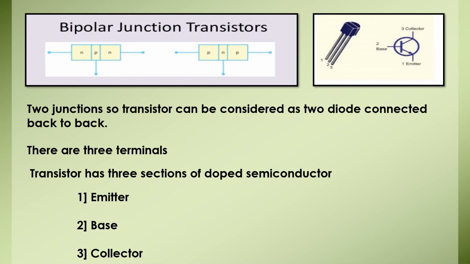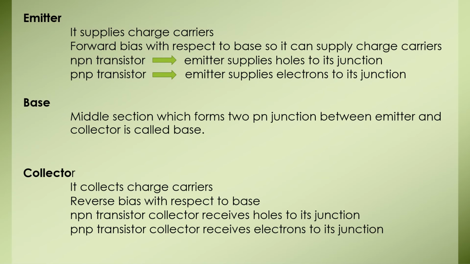Now this transistor has three terminals. We already talked about that. First one emitter, second one base, and third one collector. Now what happens in the emitter? Emitter means it supplies charge carriers. Charge carriers may be electrons or holes.